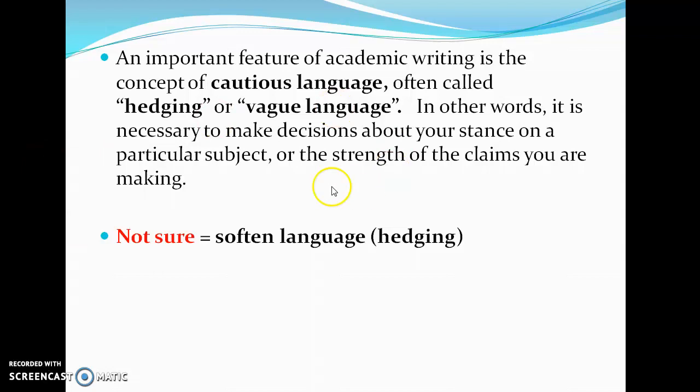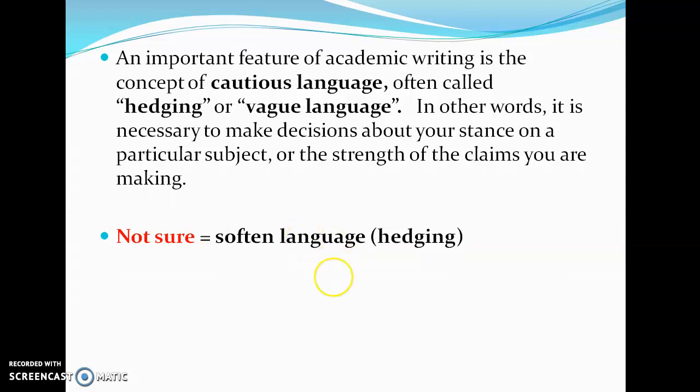So here you can see the definition of hedging. Hedging, an important feature of academic writing, can also be called the concept of cautious language. Sometimes it's also called vague language. In other words, it's necessary to make decisions about your stance on a particular subject or the strength of the claims you are making.